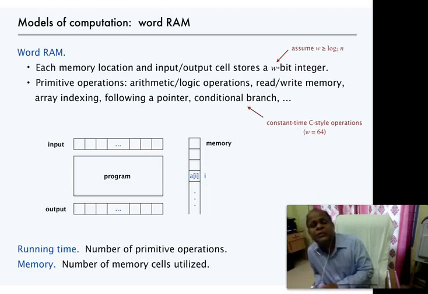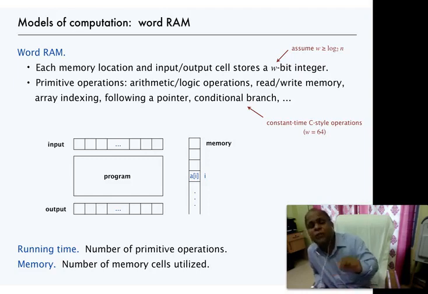Now, each memory location, each square box in the memory, stores a W-bit integer. The primitive operations in this case are arithmetic and logic operations, read-write operations, array indexing, and conditional matching.